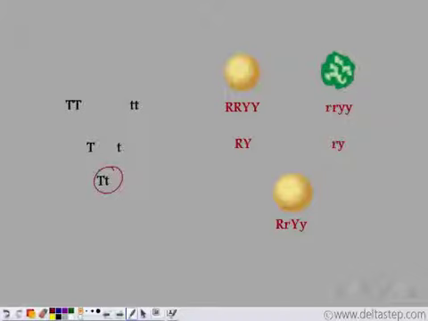So the first generation of the seeds that were formed had genotype capital R, small r, and capital Y, small y. But the phenotype is that of a round and yellow seed. This is because yellow is dominant over green and roundness is dominant over wrinkledness.